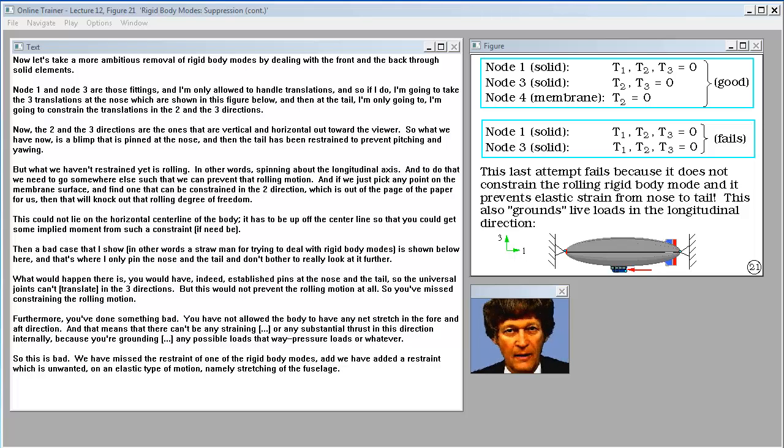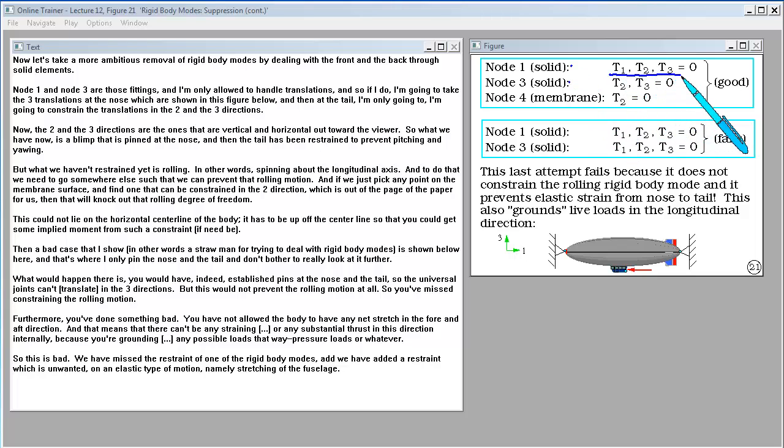Now let's take a more ambitious removal of rigid body modes by dealing with the front and the back through solid elements. Node 1 and node 3 are those fittings, and I'm only allowed to handle translations.